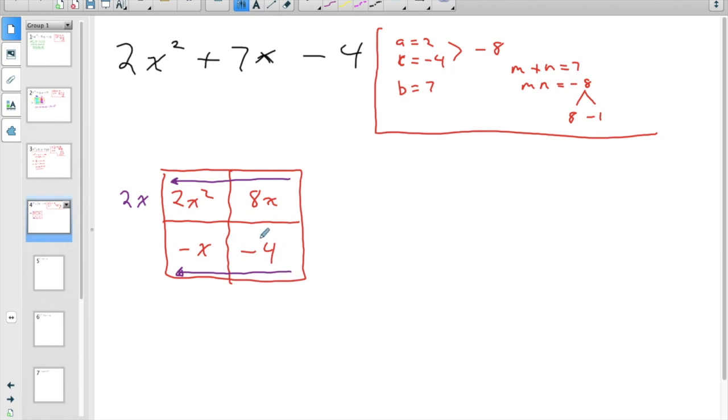The -x and -4, they do have a common factor, -1.